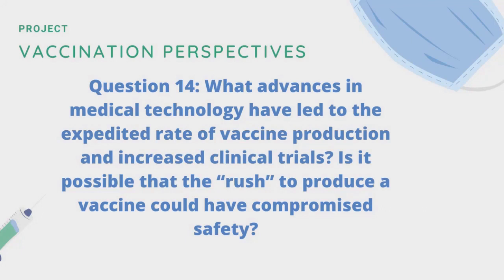And for the next question, what advances in medical technology have led to the expedited rate of vaccine production and increased clinical trials? And is it possible that the rush to produce a vaccine could have compromised safety? Right. What enabled this to go quickly was that we're in the middle of a global emergency.